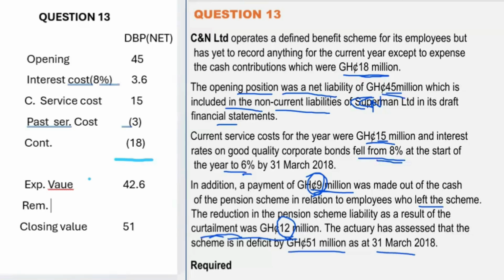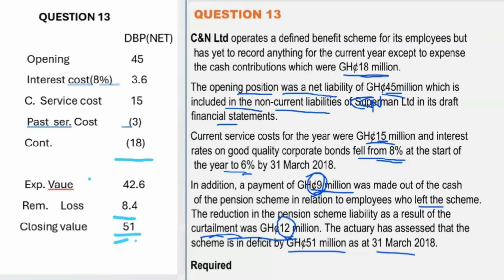So expected liability is 42.6, but the closing is 51. So liability has increased. So it's remeasurement loss. So here's a loss of 8.4. I hope I'm right. But just let's do it. I'm sure you guys understand it. So it's 8.4. We do it, and then that's it.